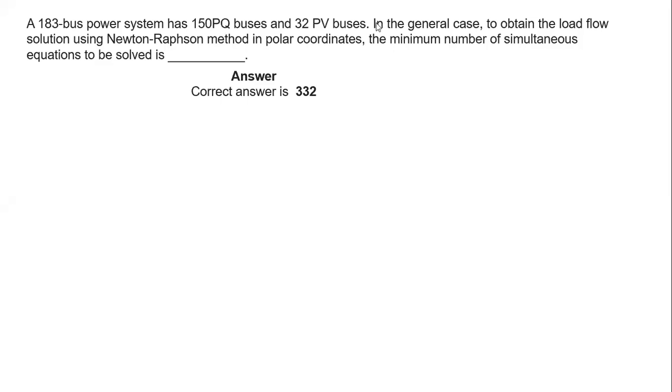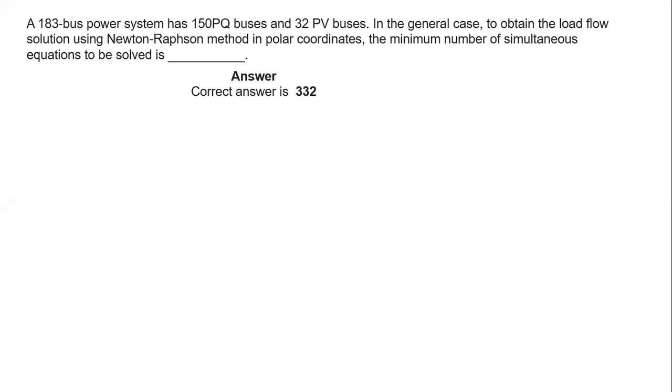150 PQ buses means you have to evaluate both equation 4 and 5 for all PQ buses. That means you are going to get two equations for each PQ bus. So 150 PQ buses means how many equations? 300, isn't it?